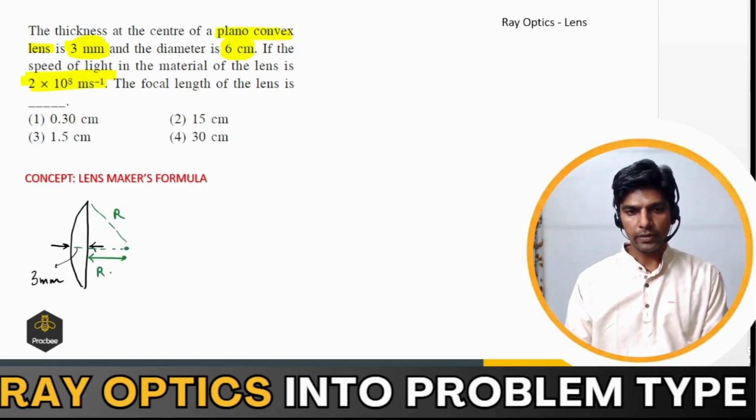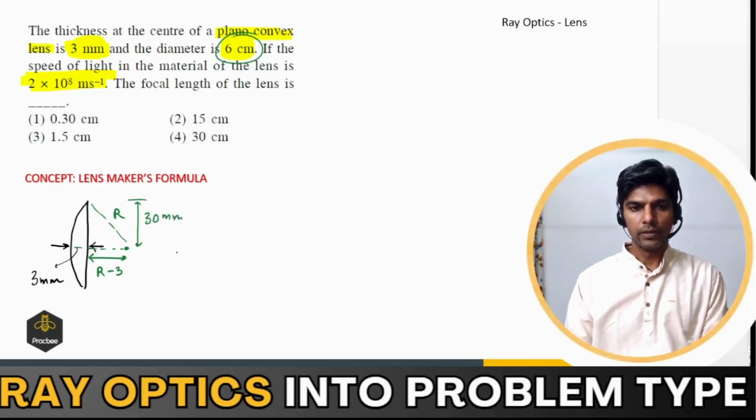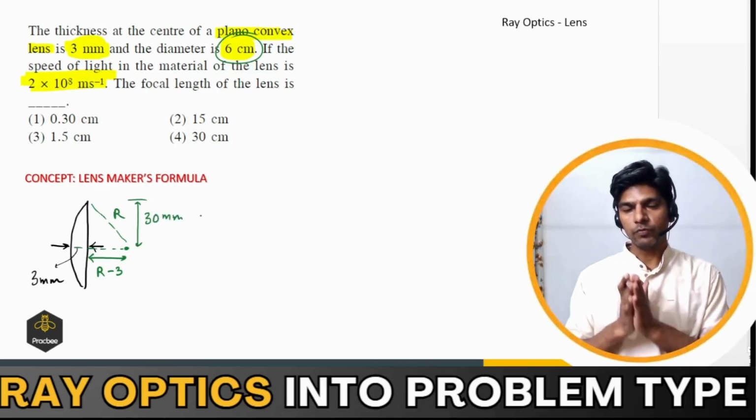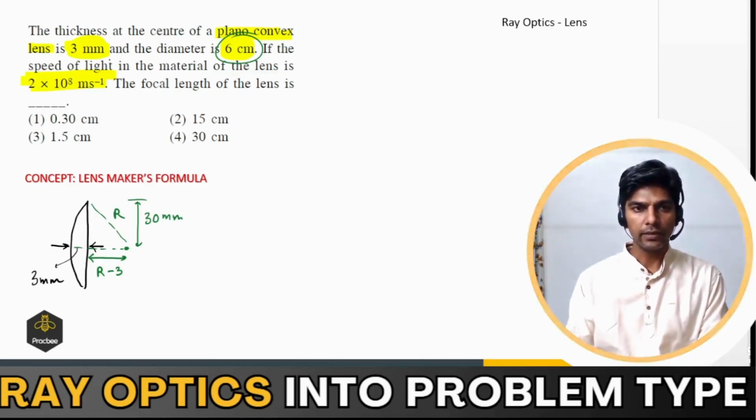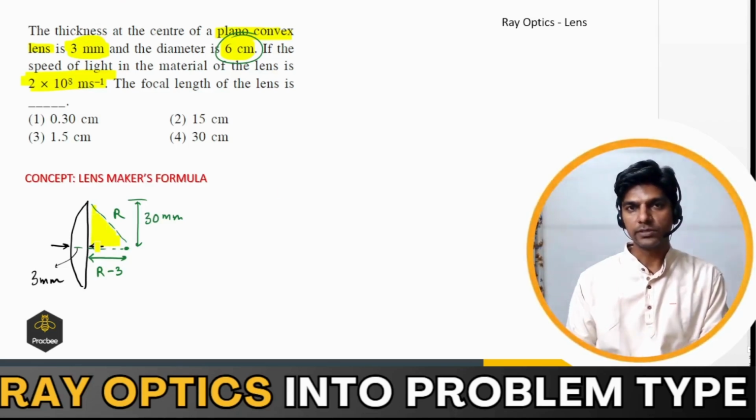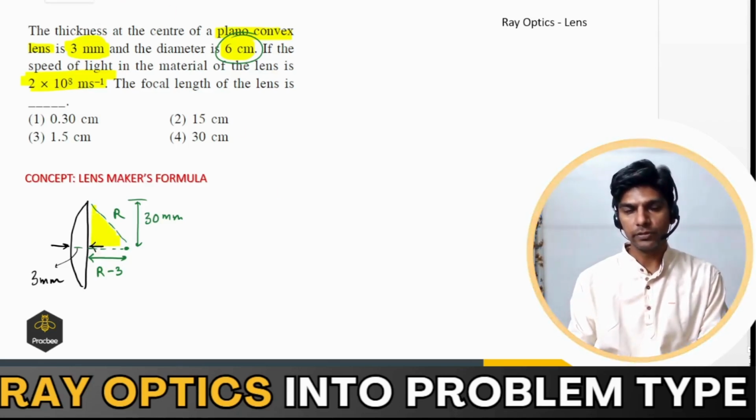So this will be R minus 3, where R is in millimeters, and half of the aperture will be 3 centimeter or 30 millimeter. So this length will be 30 millimeter. Now, if we want to apply lens maker's formula, we should know what is the radius of curvature. Now we can find the value of R from this right angle triangle by using Pythagorean theorem.